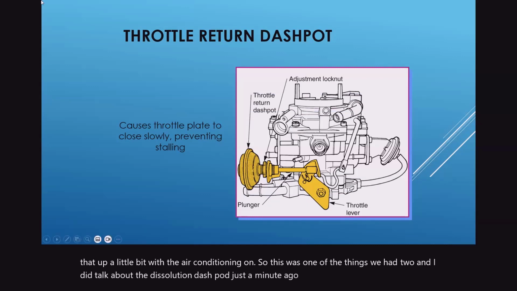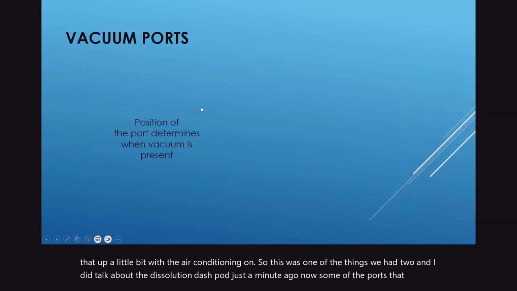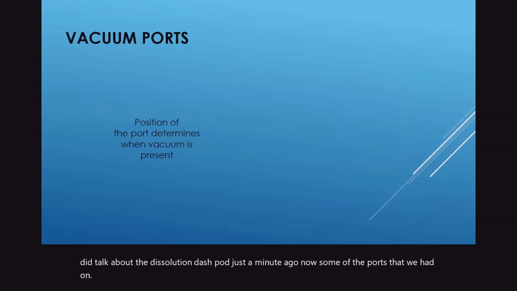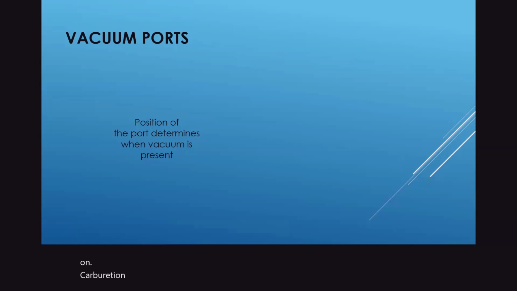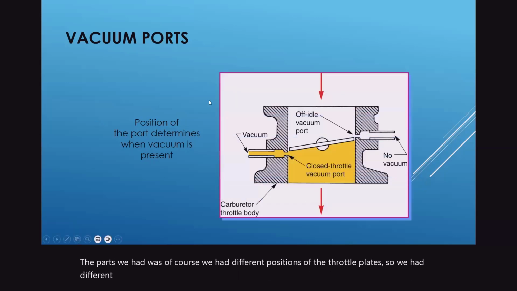Now, some of the ports that we had on carburation, of course, we had different positions of the throttle plate. So we had different ports in it. We had an intake port, so it'd be manifold vacuum coming across here.